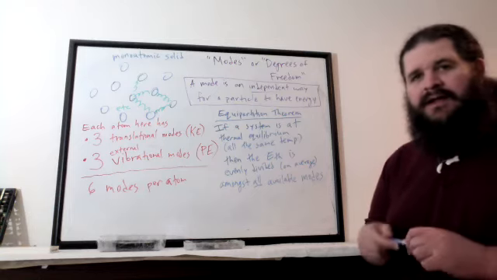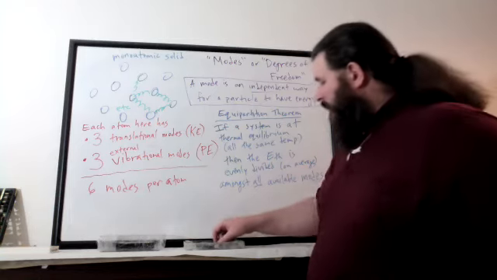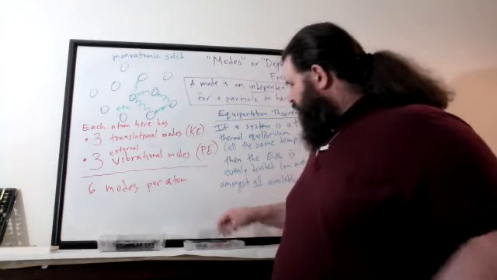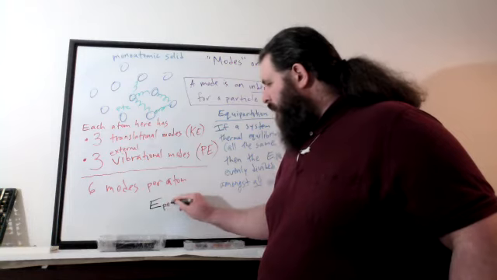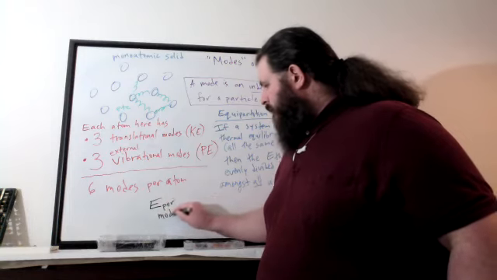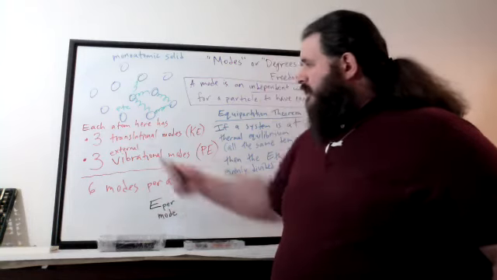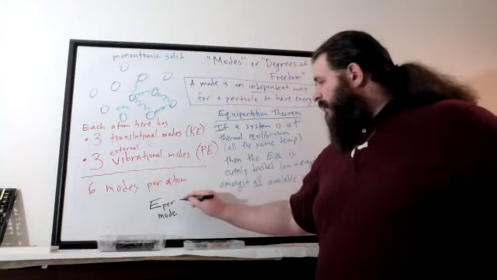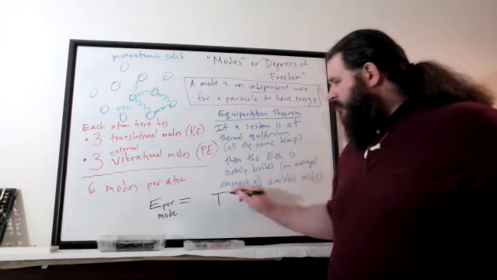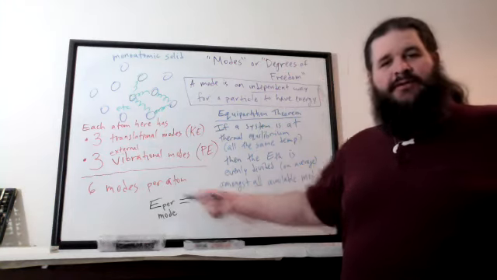And that means that we can build a formula for energy per mode. Energy per mode, like the energy that one translational mode has, or the energy that one vibrational mode has, should depend only on temperature. Temperature is the only thing that influences the energy per mode.